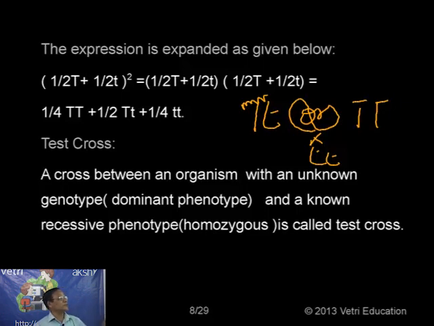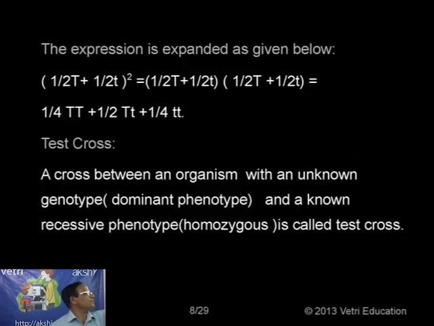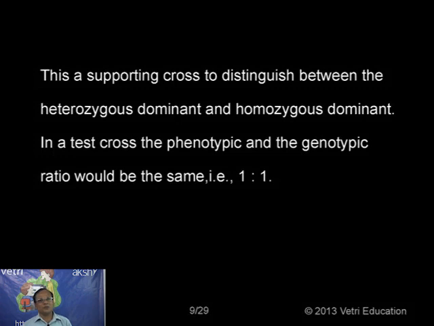That is the main aim of this cross. It is always called a supporting cross, used to distinguish the nature of the dominant parent as heterozygous or homozygous. Now, as I mentioned earlier, the main aim of this cross is to distinguish between the heterozygous dominant and the homozygous dominant.